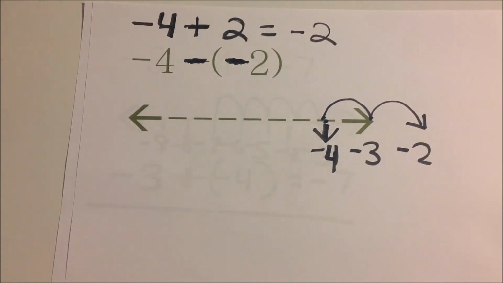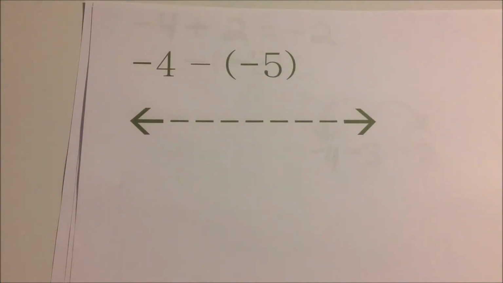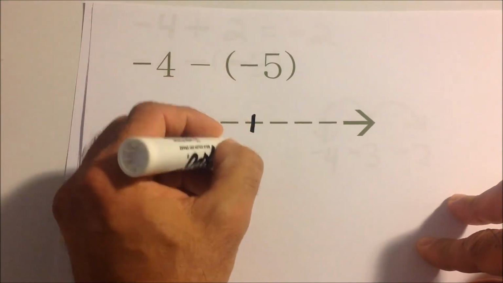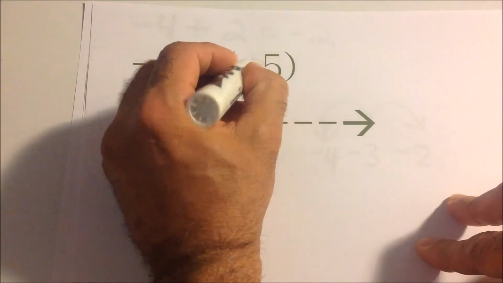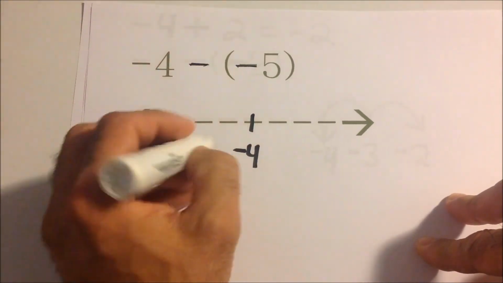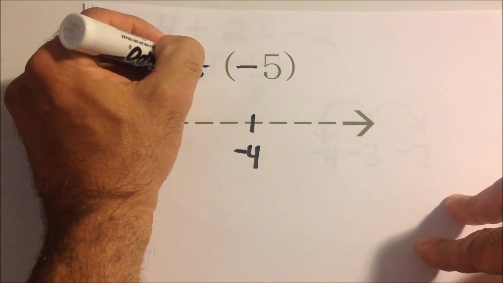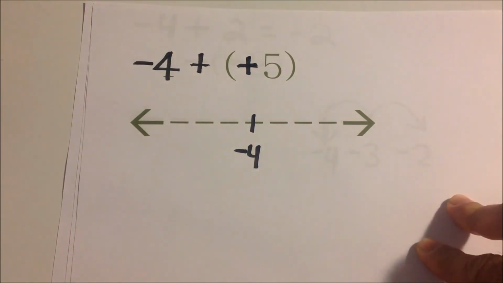Okay, so let's try this one. Pause the tape and do this one. Alright, so we'll just start here. We'll make this -4. Remember, minus minusing, so we're actually adding. Keep the -4, change subtraction to addition, change the -5 to a +5.